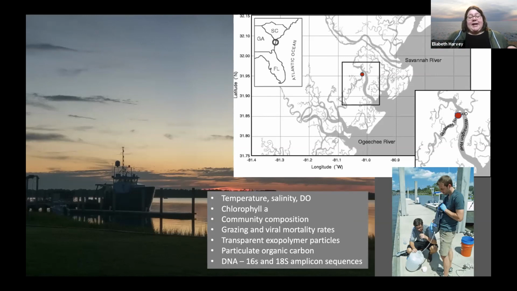We looked at organic carbon and transparent exopolymer particle concentrations. And then we also took samples for subsequent DNA measurements after all the sampling was complete. And so I'm going to walk through some of our findings, and we can think about the power of compiling these time series data sets.